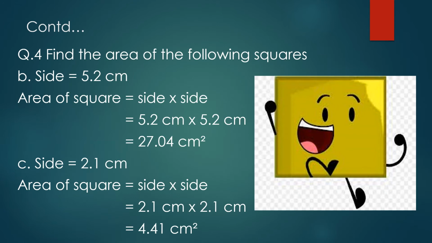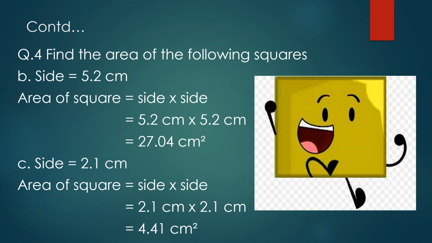Now, next question is find the area of the following squares. The easiest one, square and square root. What is the side of the square for question B over here? 5.2 centimeters. So area of square is side into side, that is 5.2 centimeters into 5.2 centimeters.